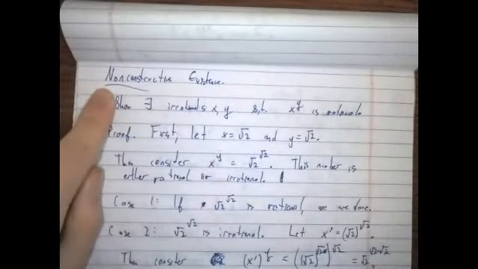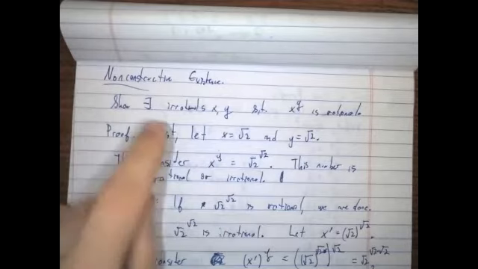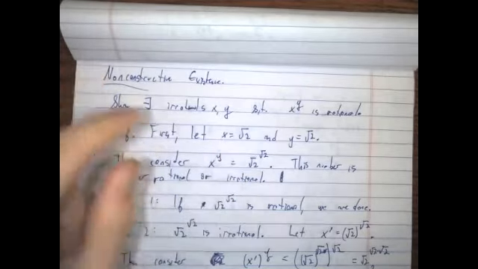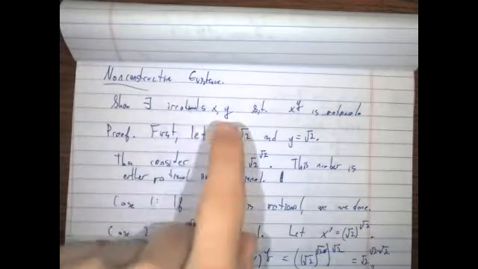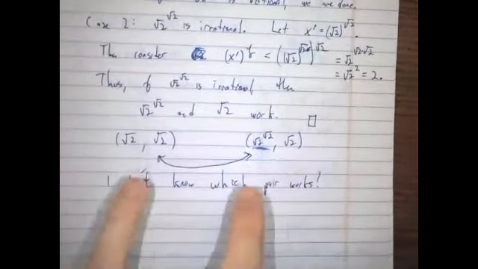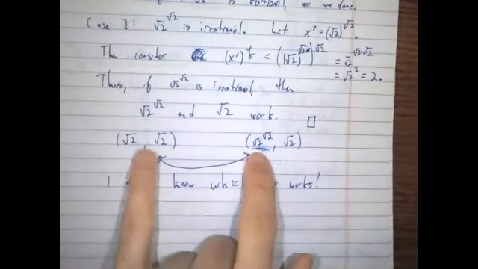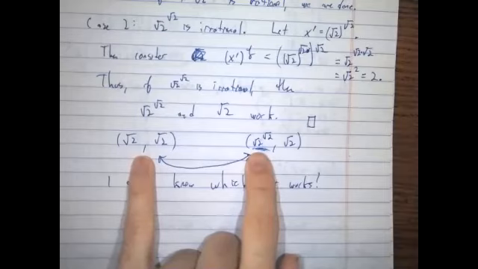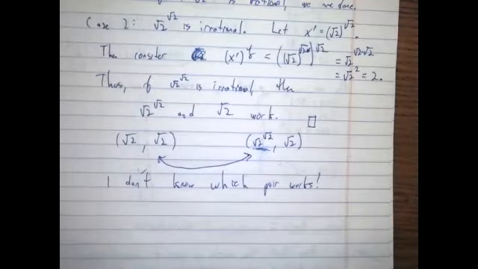This is non-constructive because I haven't actually produced for you the pair x and y such that x is irrational, y is irrational, and x to the y is rational. Okay, I see. But I do know that one of these two must work, so I know that such a thing exists.